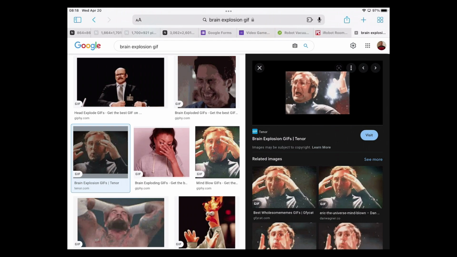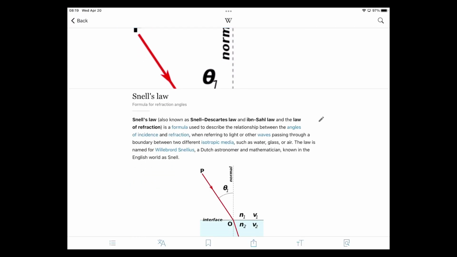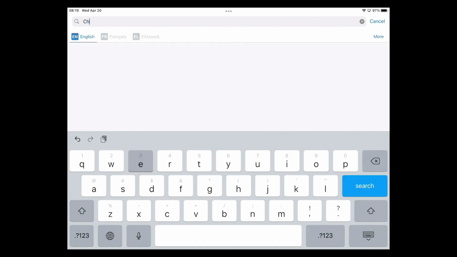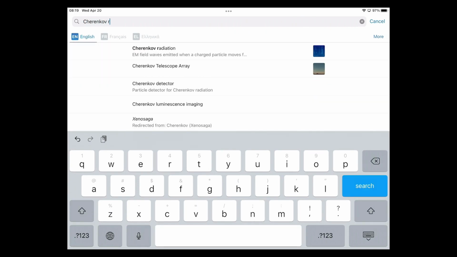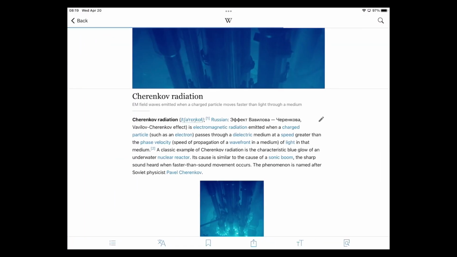All right, let me go back to Wikipedia though, because there's one other interesting thing I'm going to digress about. I just said that the speed of light is slower in water, right? In vacuum, can you have a particle moving faster than the speed of light? Not unless you watch Star Trek.